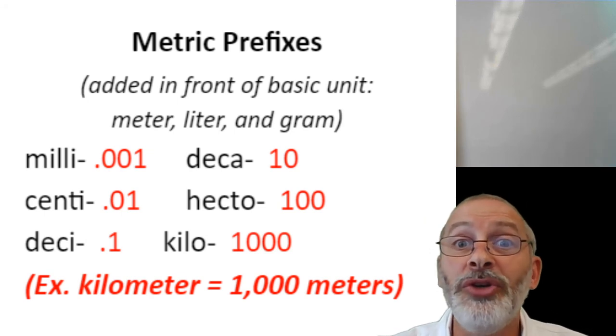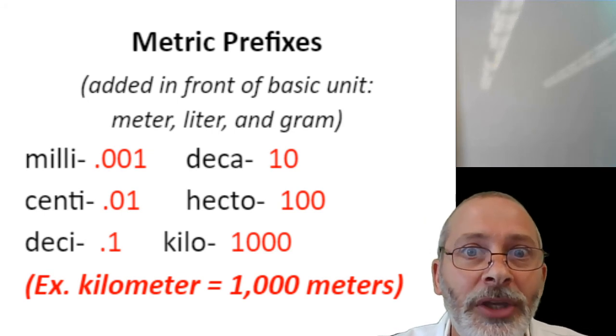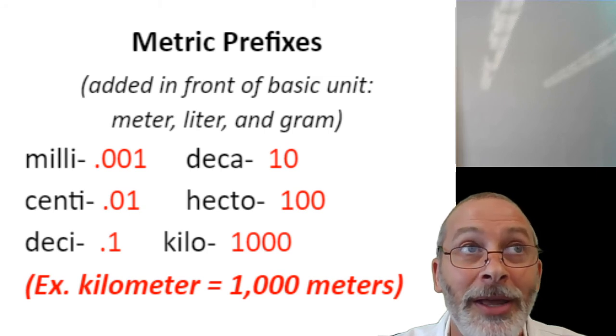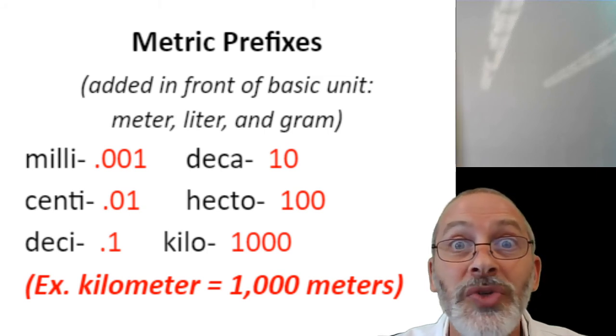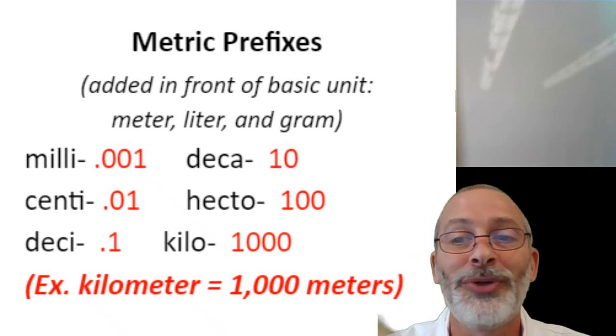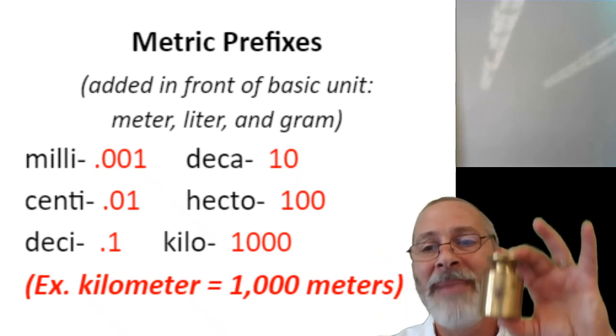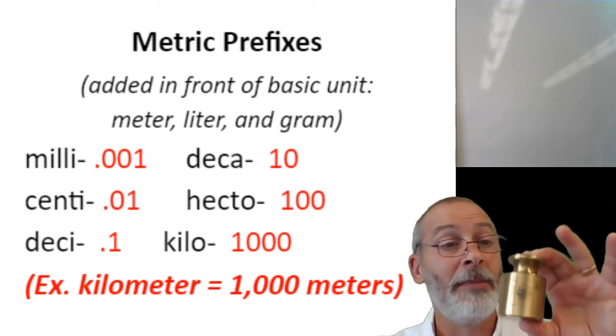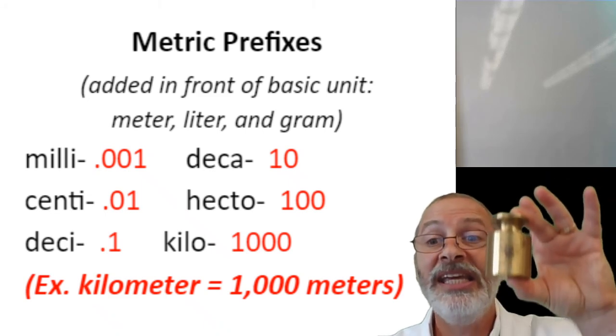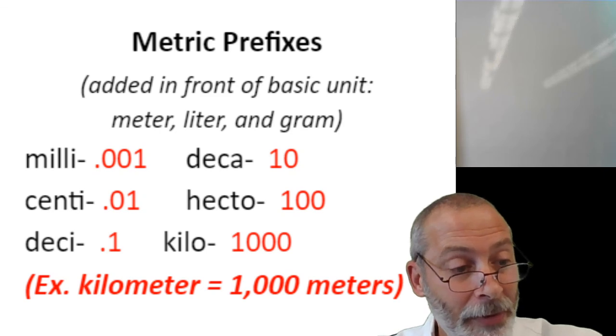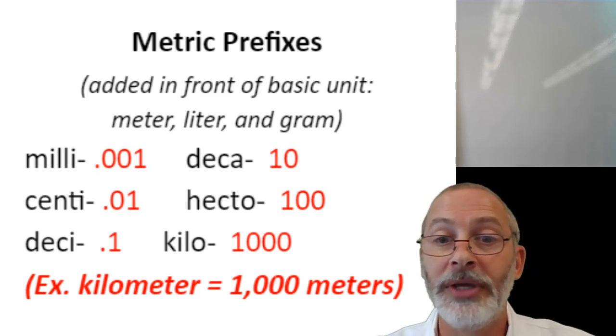And 1,000 grams, what prefix do you think you'd use? I kind of spoiled it already, but say it out loud. What would be 1,000 grams? That's right, a kilogram. And this object here has a mass of exactly 1 kilogram. Woo, goodness, that made some noise.